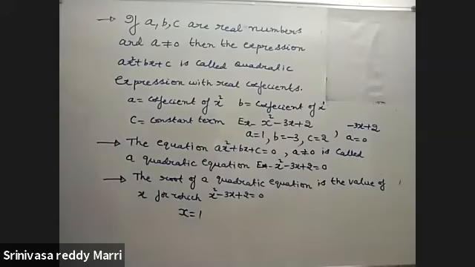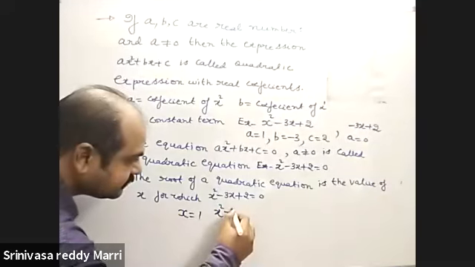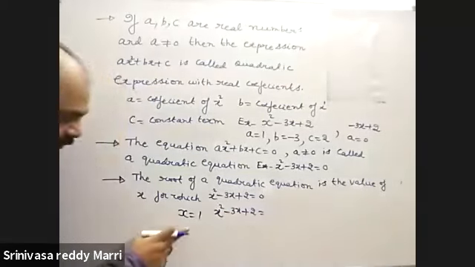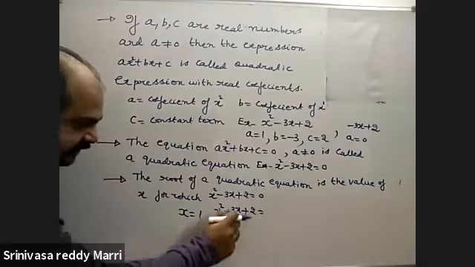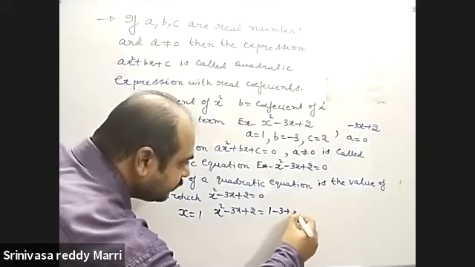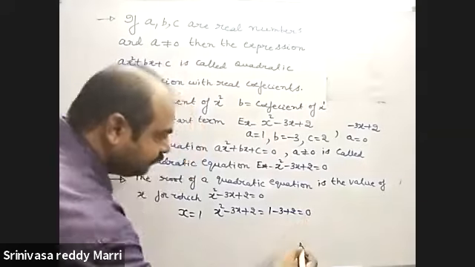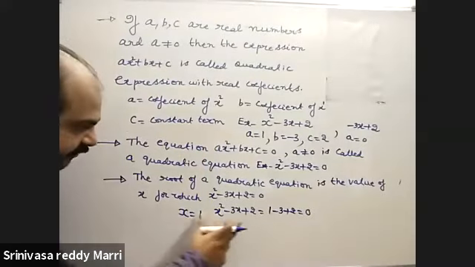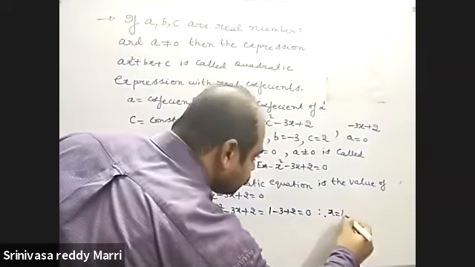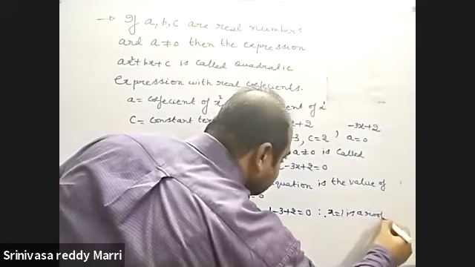Let us say x equal to 1. For this value of x, suppose you substitute the value of x in this expression. 1 minus 3 plus 2, that means 3 minus 3 is 0. So for this value of x, this expression is becoming 0. Therefore, x equal to 1 is called a root.